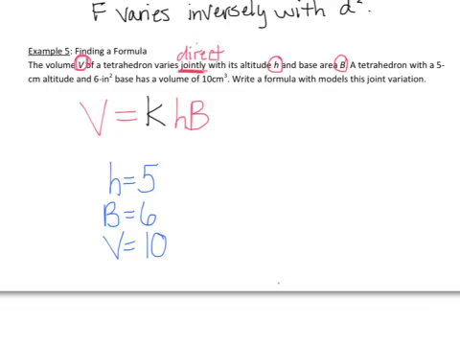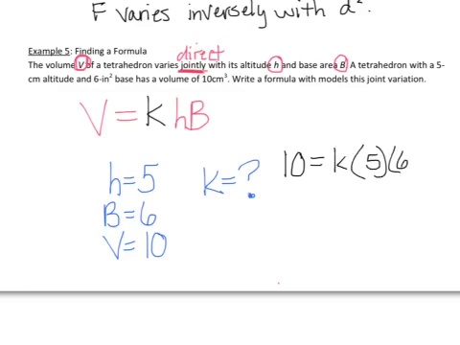We have our formula, except that we need to figure out what the constant is. We need to replace that K. So we have to plug everything in and solve for K. So we'll have that 10 equals K times 5 times 6. So that's 10 equals K times 30.